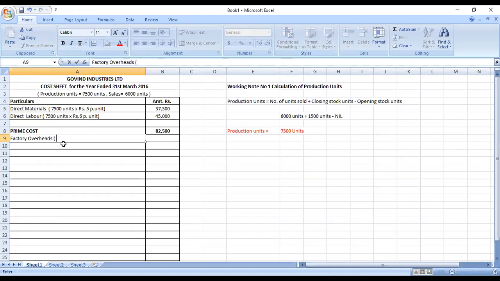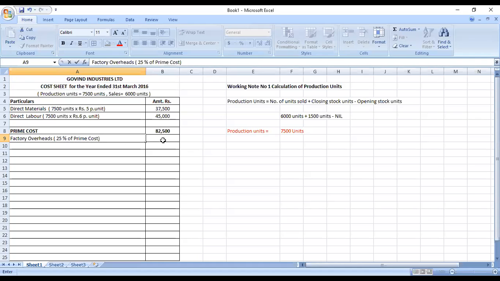In adjustment number 3, they say that factory overheads were absorbed at 25% of the combined cost of direct material and direct wages. It is absorbed on the basis of both direct materials and direct wages. Both means prime cost. So 25% of the prime cost.